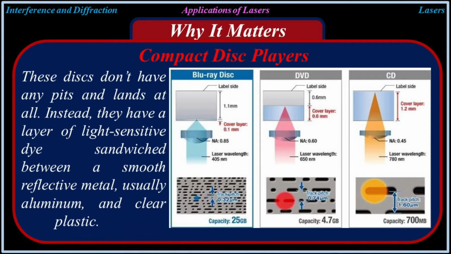Instead, they have a layer of light sensitive dye sandwiched between a smooth reflective metal, usually aluminum, and clear plastic. So that's the difference. As they say, when the plot's about to thicken, the plot's about to thicken.